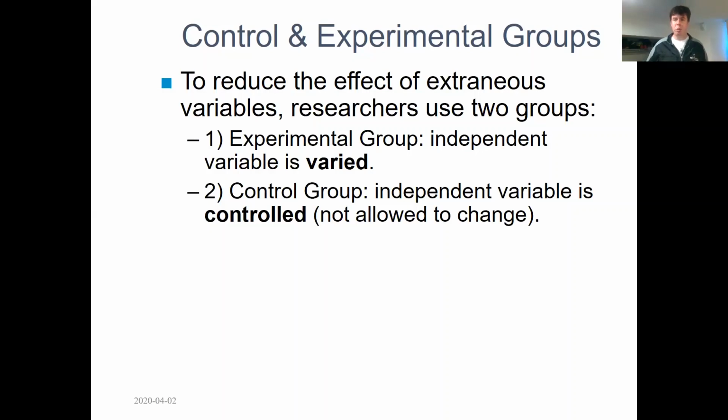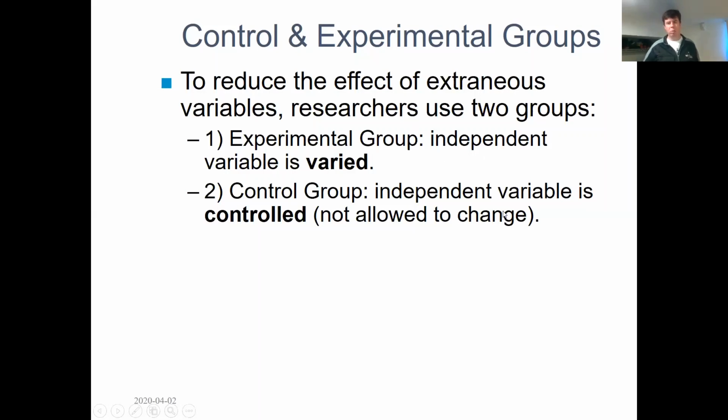So for example, if you were doing a test on caffeine, you would control everything. Everyone in both the experimental group and the control group would have to sleep about the same amount, have the same diet, live in the same kind of situation, similar job, similar age, all those kind of things. And then you would do the experiment with the independent variable being caffeine.